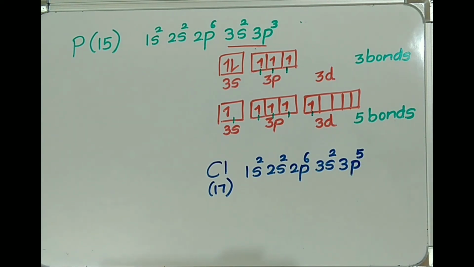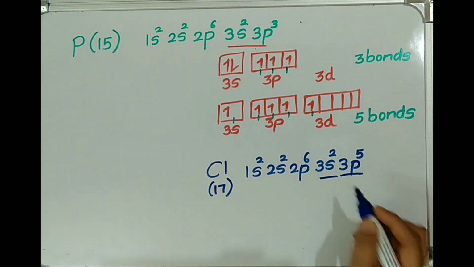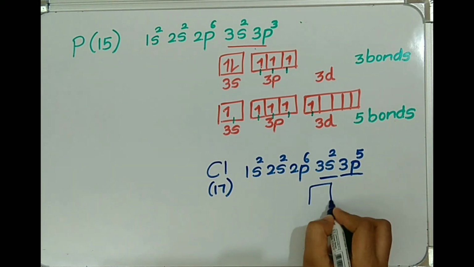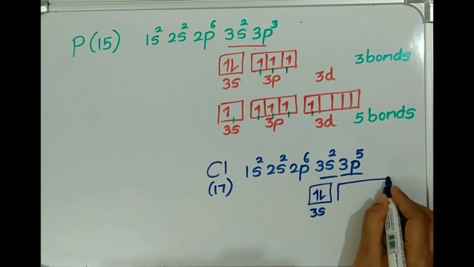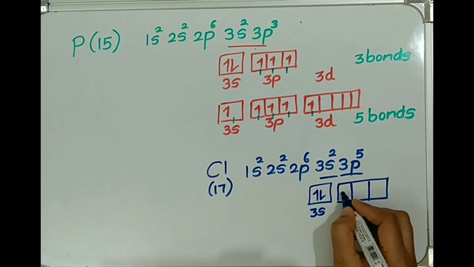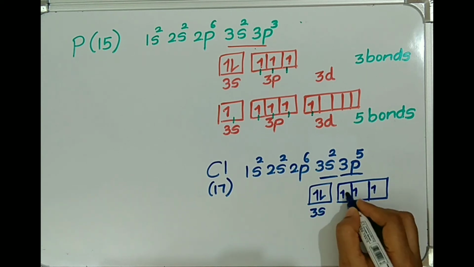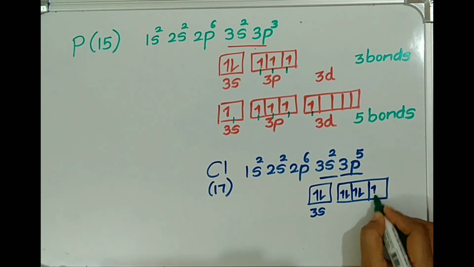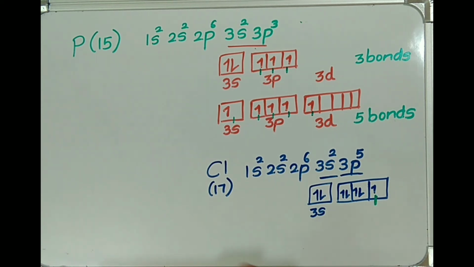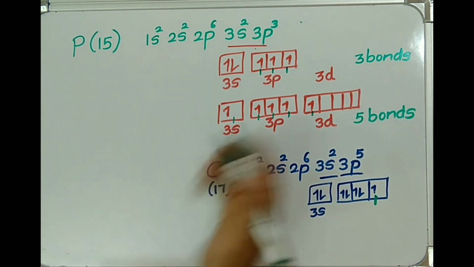Correct? 17. Okay. Now 3p5, 3s2. Valence shell we will draw. So this is for 3s. And this is for 3p5. So 1, 2, 3, 4, 5. Now how many unpaired electrons are there in chlorine? 1. So if we take 3 chlorine, it can form 3 bonds.